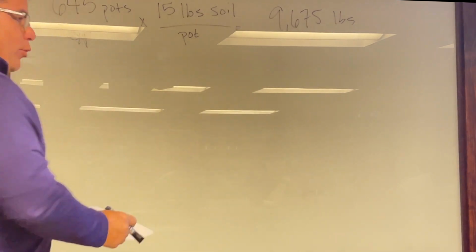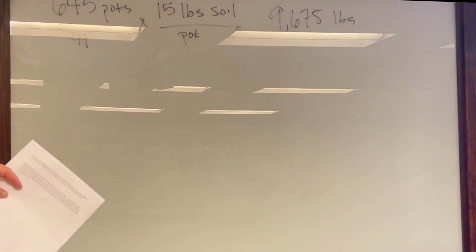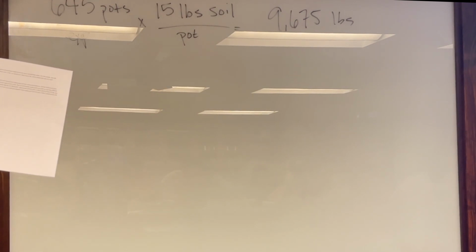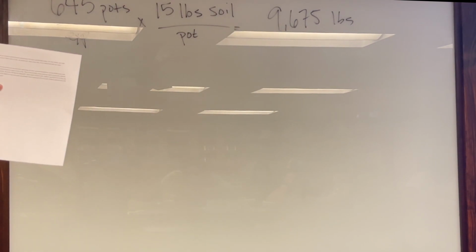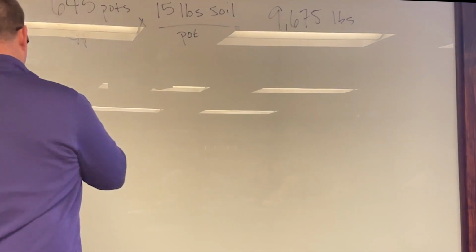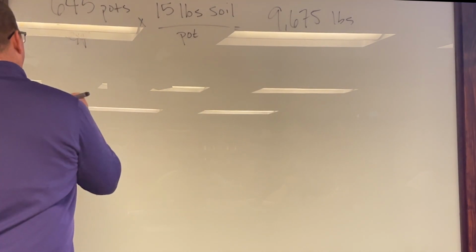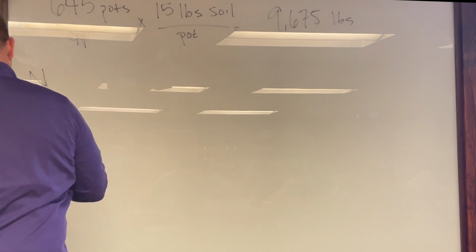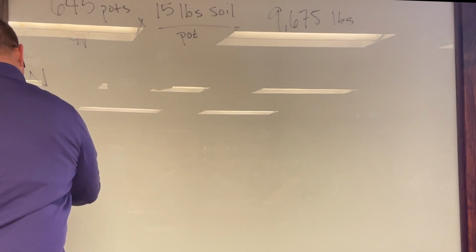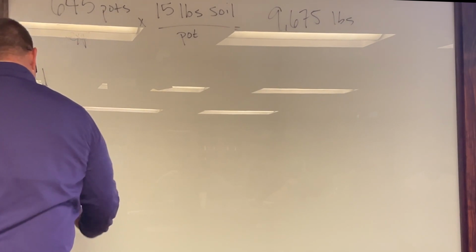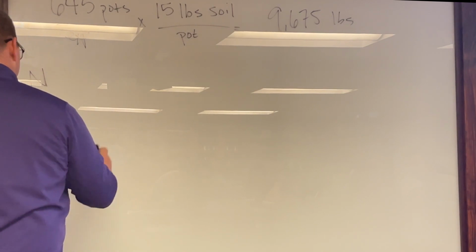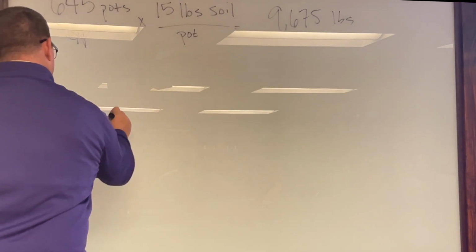What is the next most important portion of this problem that we need to know? The recommendation. So we got N a little bit later, but we got P2O5. We need 20 pounds per acre.